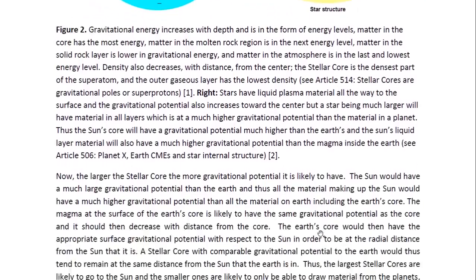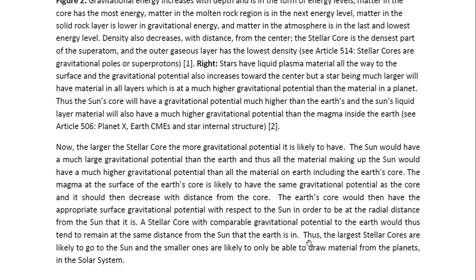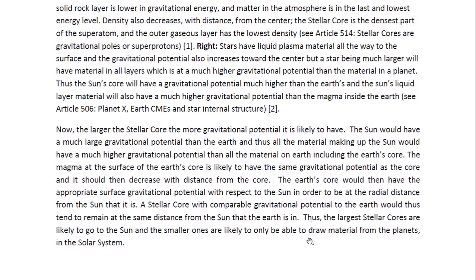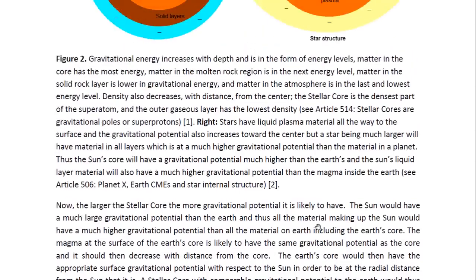So now, the larger the stellar core, the more gravitational potential it is likely to have. The Sun would have a much larger gravitational potential than the Earth, and thus all material making up the Sun would have a much higher gravitational potential than all the material on Earth, including the Earth's core. The magma at the surface of the Earth's core is then likely to have the same gravitational potential as the core.